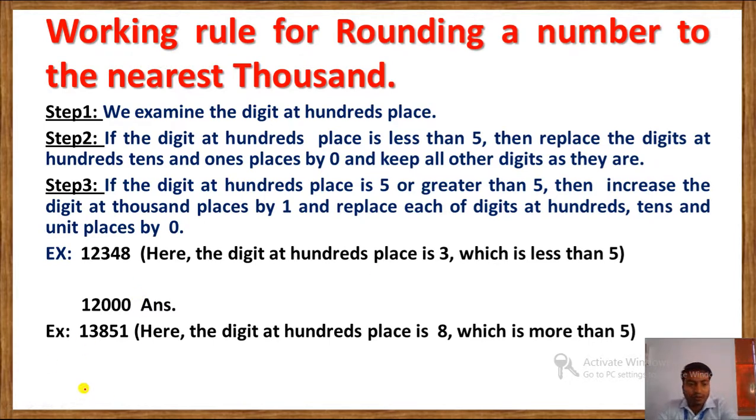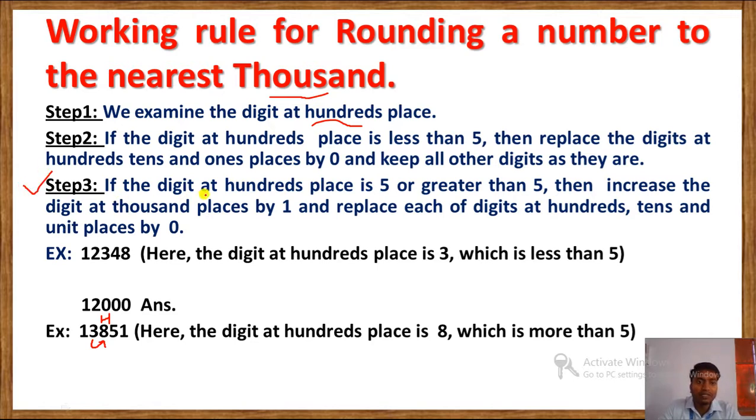First we have to see for 1000 the 100 place, just right side of the 1000. Ones, tens, 100, 1000, and just right side of the 1000 we have 8. Clearly you can see 8 is more than 5, then we have to follow this step.